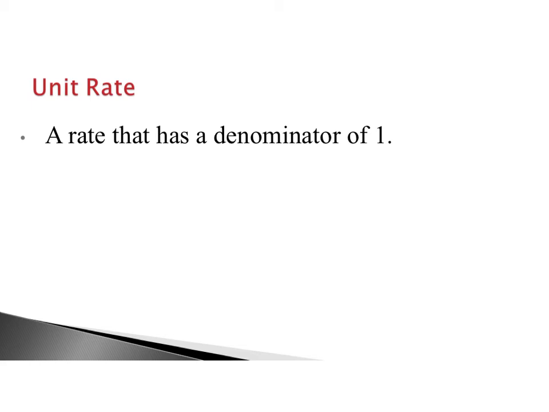So a unit rate might be something where you would say that you're going 35 miles per hour, whereas a rate might be that you were going 70 miles for every 2 hours.